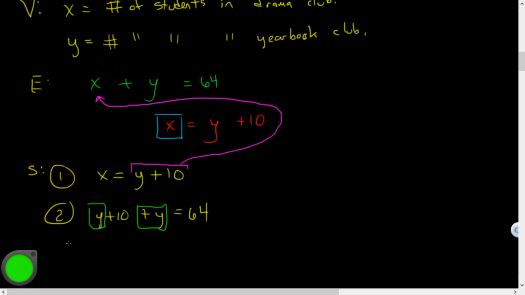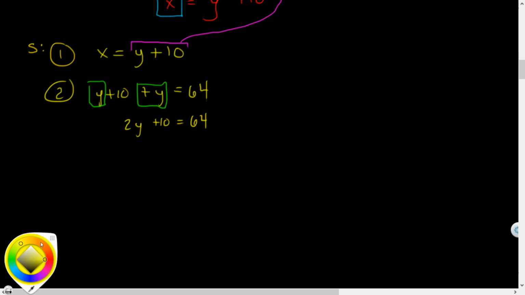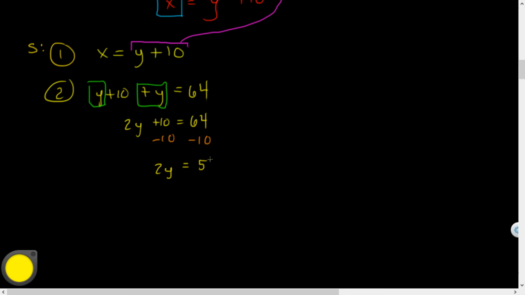So I'm going to have 2y plus 10 equals 64. You got the algebra down now, right? And this is our last example for today. 2y equals 54. Divide both sides by 2.